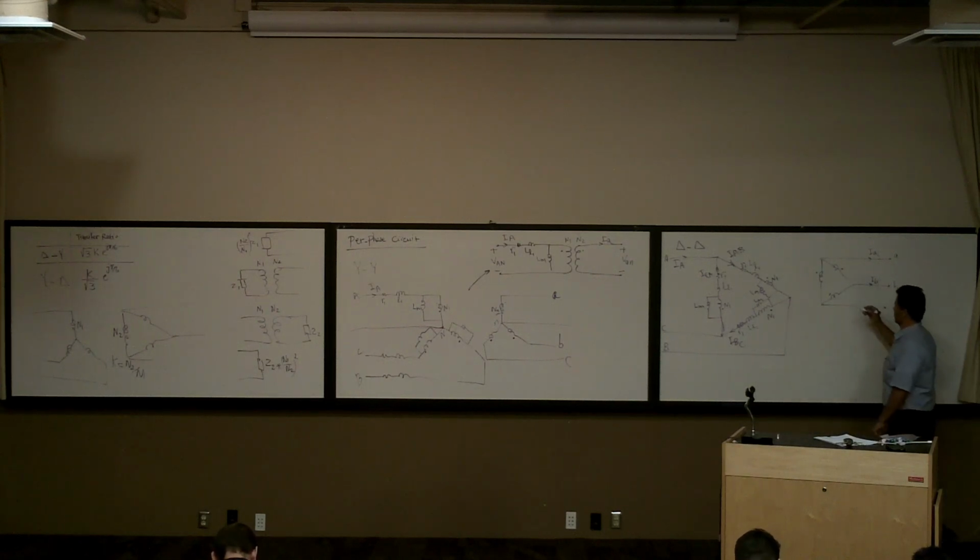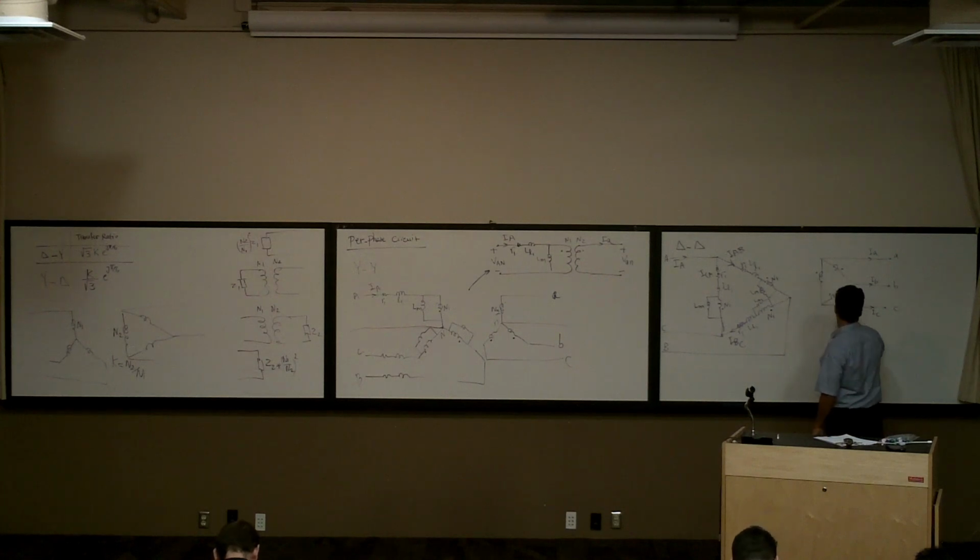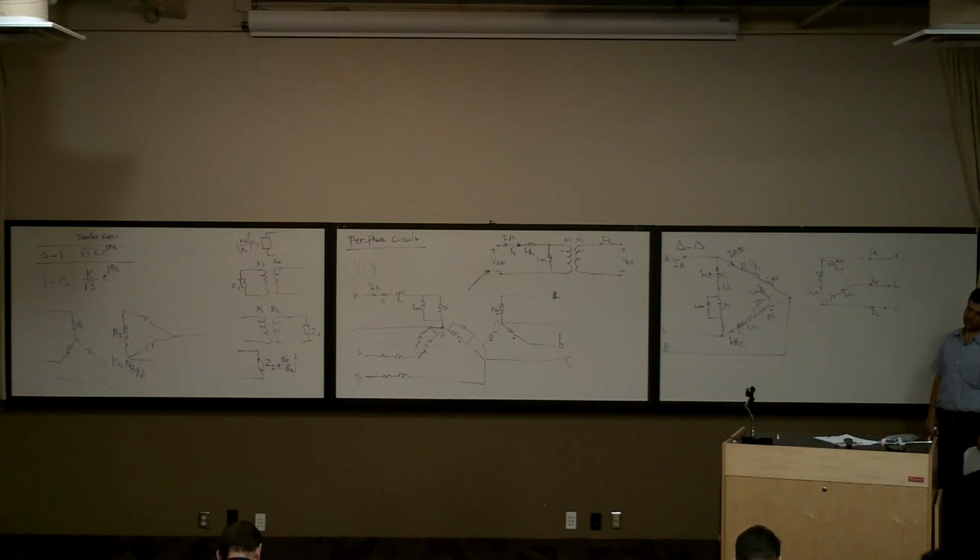Right, and this one is going to be, this is the IAB, IBC, and ICA. This is a delta-delta connection.